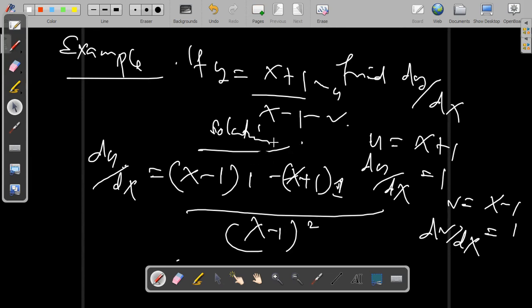So this equation here, you may choose to simplify it so as to obtain the actual value. You plug in 1 times x minus 1.